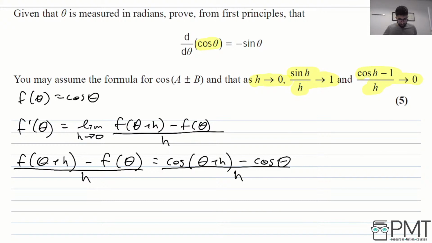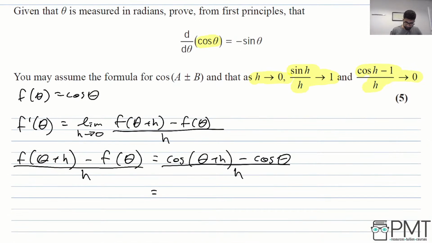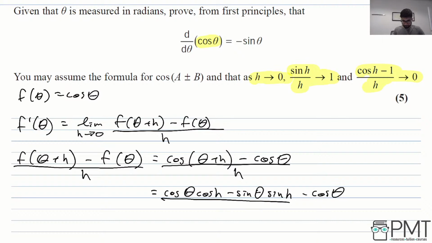So using the addition formula, this can be written as cos theta cos h minus sine theta sine h minus cos theta all divided by h.